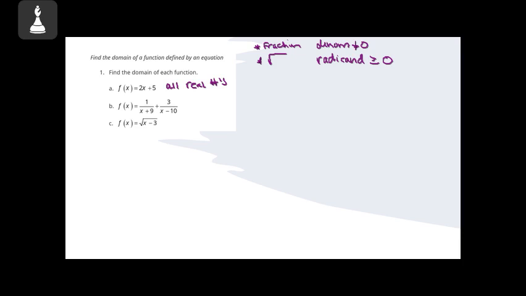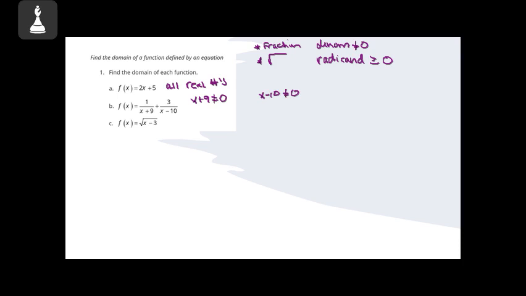When I look at b, I have 1 over x plus 9 plus 3 over x minus 10. So I have not just one fraction, but two fractions. And those denominators cannot equal 0. So in b, x plus 9 cannot equal 0. X minus 10 cannot equal 0. So I need to solve those.